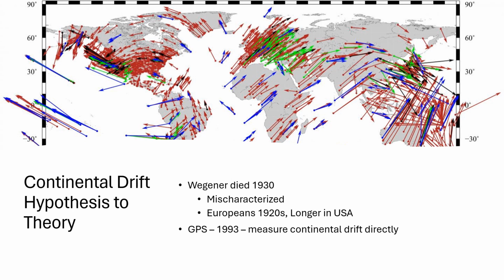Well, when people write about history, you have a perspective, and oftentimes you add a little drama. Well, Alfred died in 1930. His hypothesis wasn't widely accepted until, you know, the 60s. I have a physical geology textbook that was written in the late 50s, and it was still describing plate tectonics as a hypothesis.